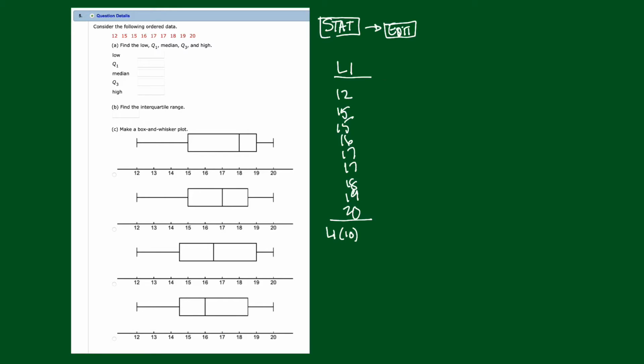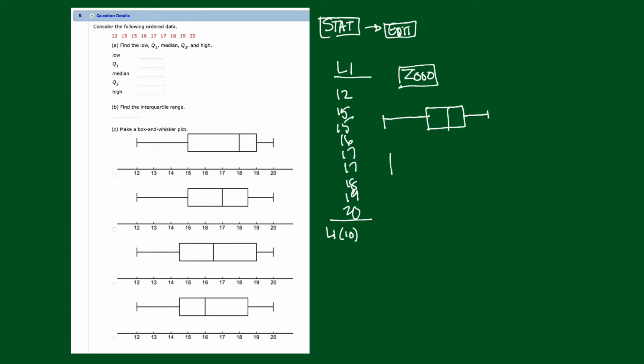Now, press the zoom key, right up at the very top row, and you come up with a box plot, box and whisker diagram. Mine kind of looks like this.